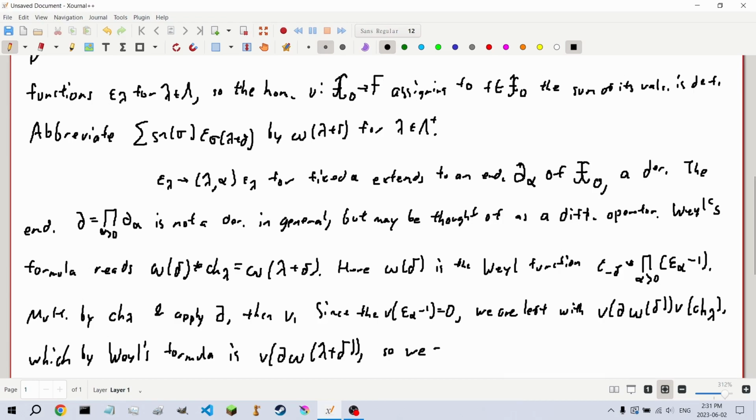So we can express the degree of lambda as v of the formal character of lambda as a quotient.